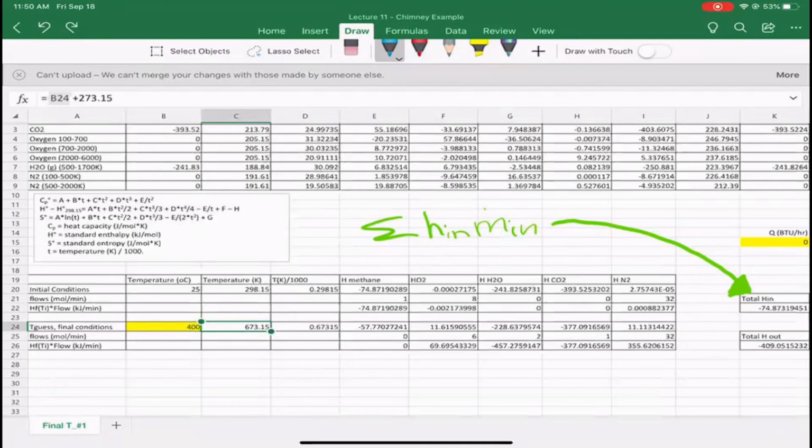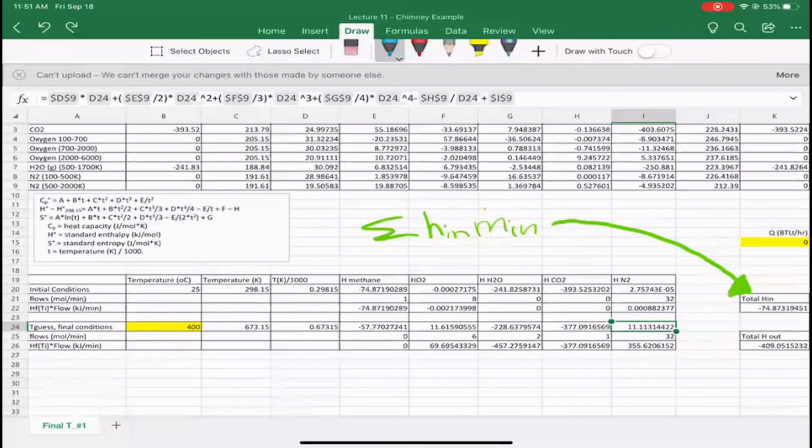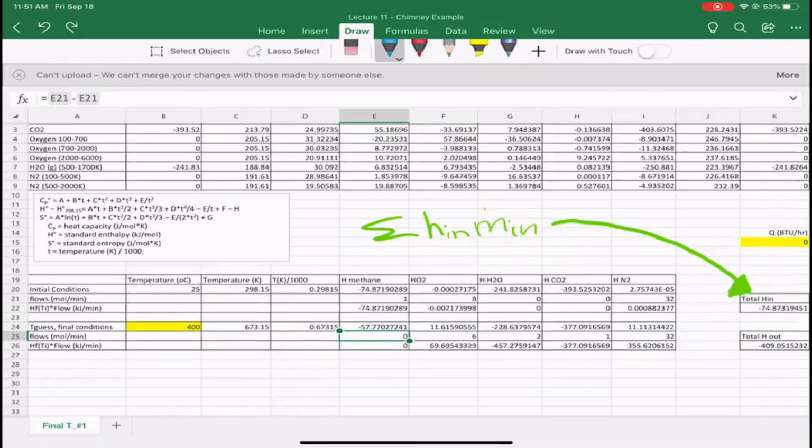So now at 673, the program converts the temperature to Kelvin over 1,000. Then it calculates the enthalpy for methane, oxygen, water, CO2, and nitrogen, right? These are all the heats of formation at the guessed temperature. And then I've implemented my mole balance here. So that's 0, right? That was 6 after the reaction. Then that's 2, that's 1, that's 32.